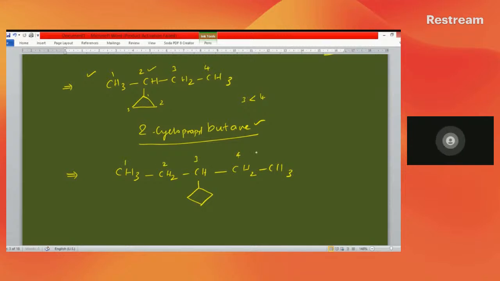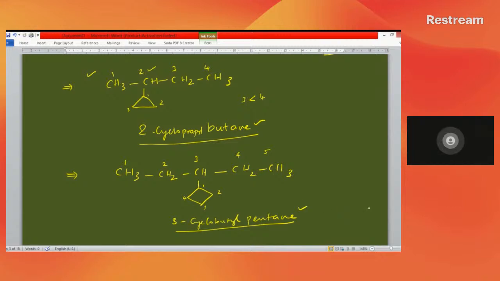How many carbons are there? 5. But the ring has only 4 carbon atoms. So the compound is a derivative of pentane, in which a cyclobutyl group is present at position 3. So the compound's name must be 3-cyclobutylpentane.